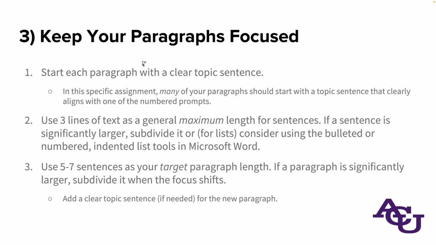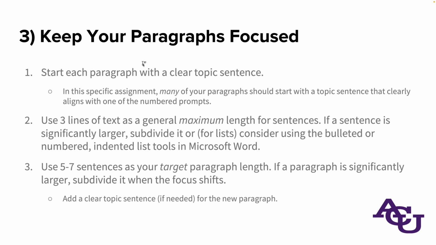As a general rule of thumb for how long sentences should be, a maximum length of 3 lines of text. Again, given that we're using 12-point Times New Roman font, 1-inch margins, as with the template. That's a general rule of thumb. If it's longer, people usually have to take a breath, and that's usually when they start losing focus.